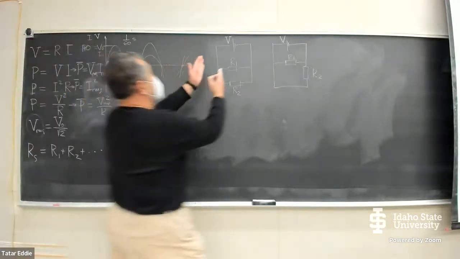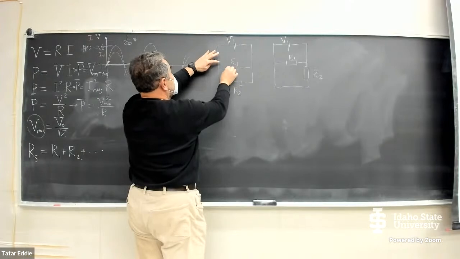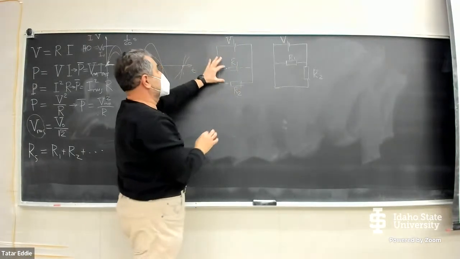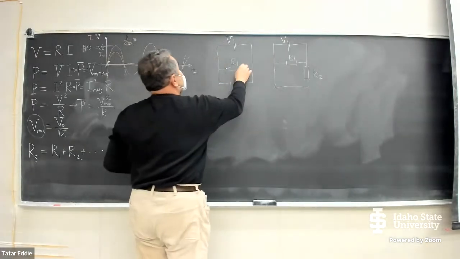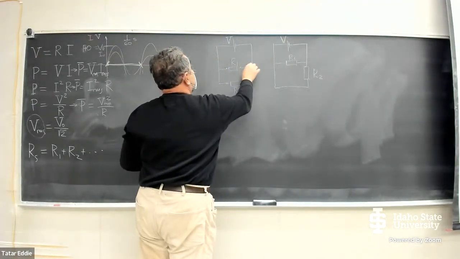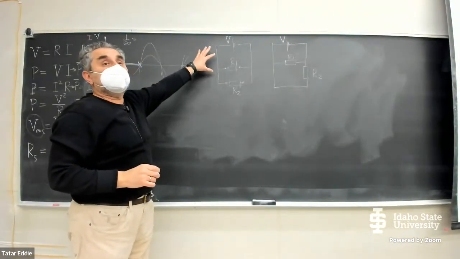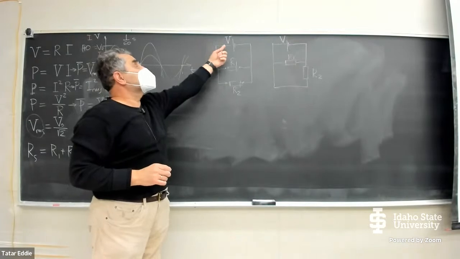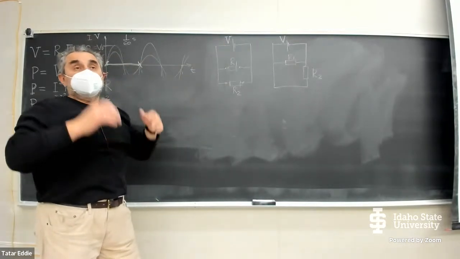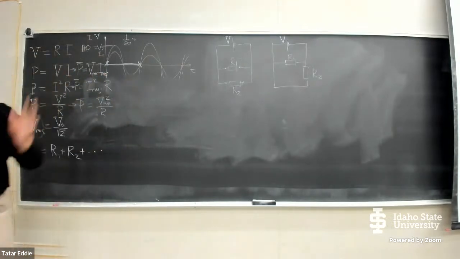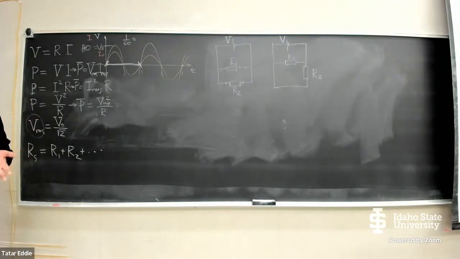And look, they're exactly under the same voltage because this is the same potential as this, because those points are connected with a wire, and this point has exactly the same potential as this one. In this case, both resistors are under the voltage V provided by the battery. But the rule is, if the voltage is the same, the two resistors must be in parallel.